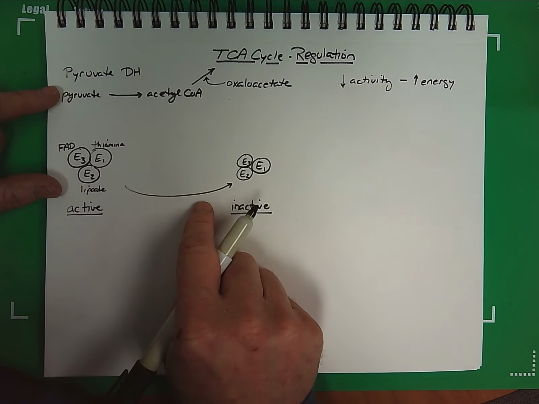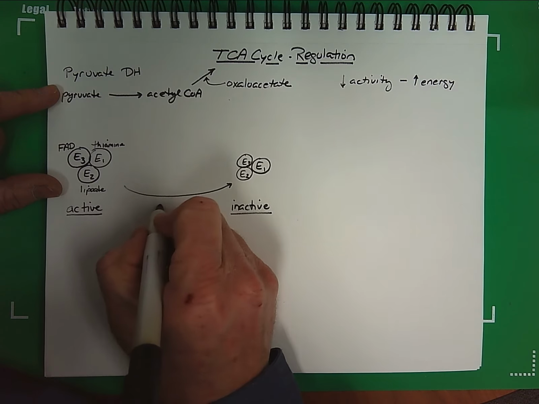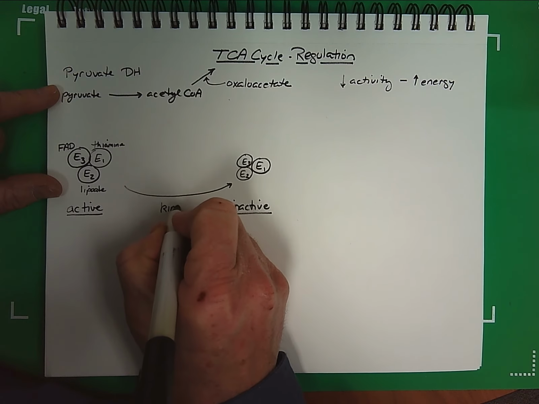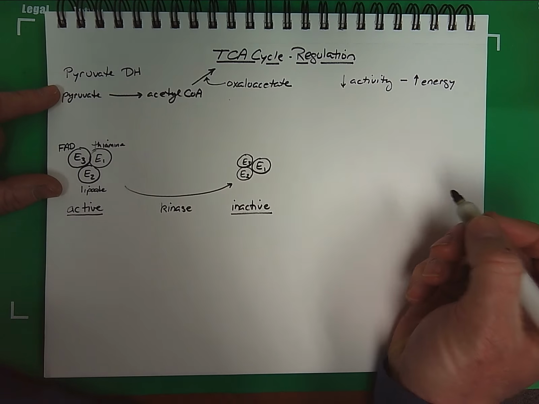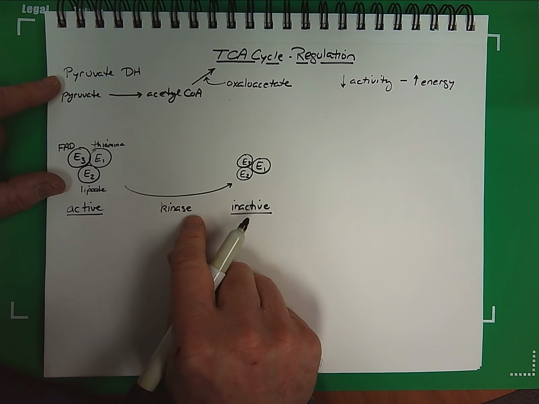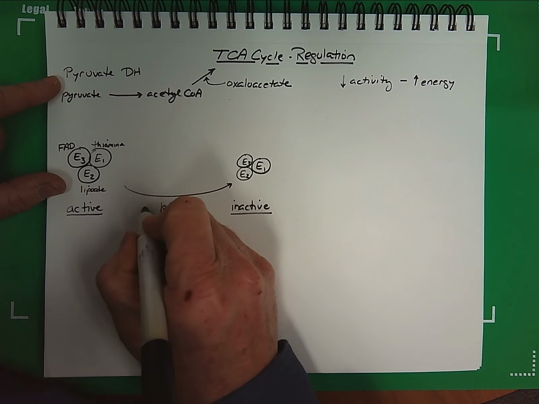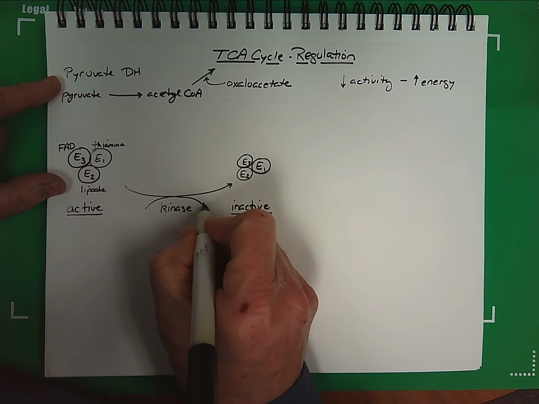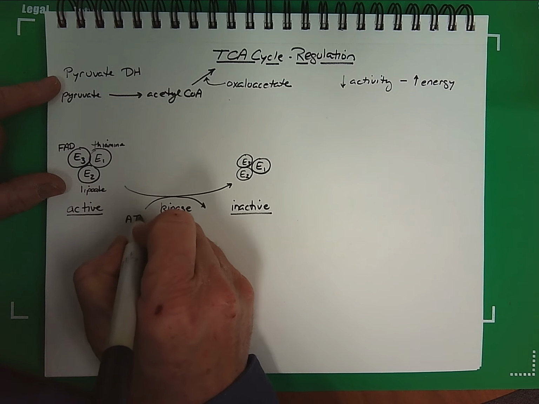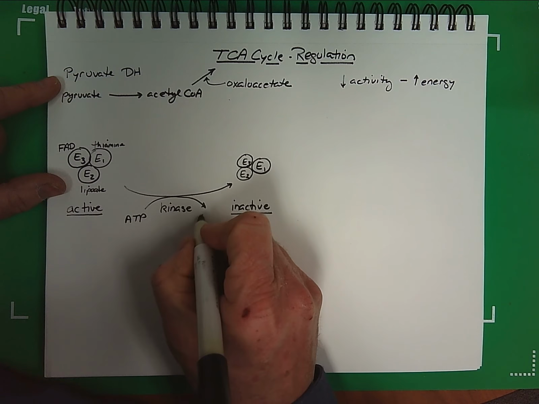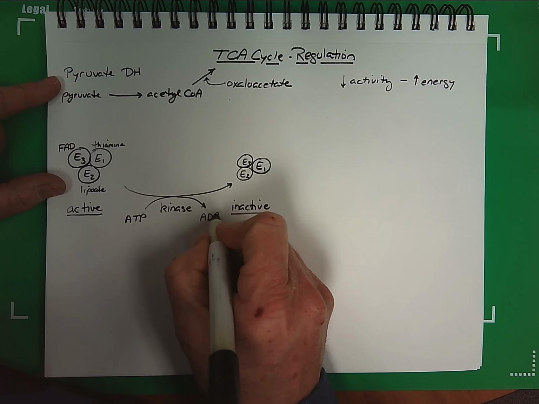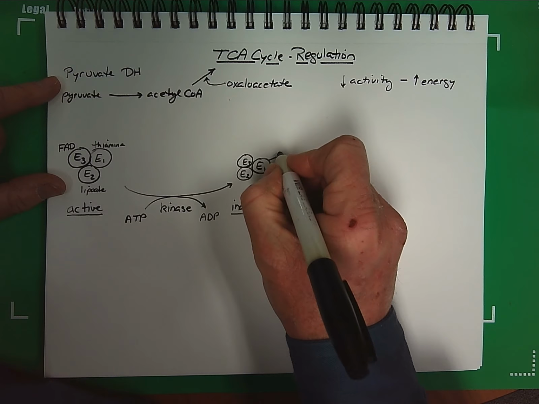This particular regulatory enzyme is called the pyruvate dehydrogenase kinase. So this is an associated regulatory subunit that is going to be taking ATP and using the energy of ATP to phosphorylate the E1 complex.